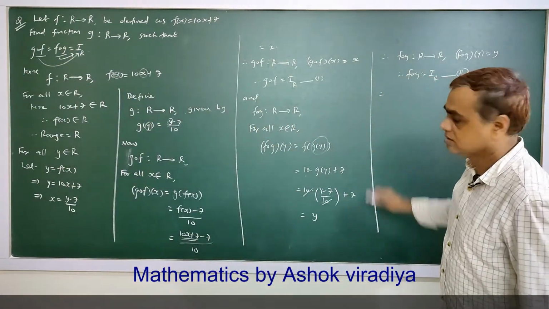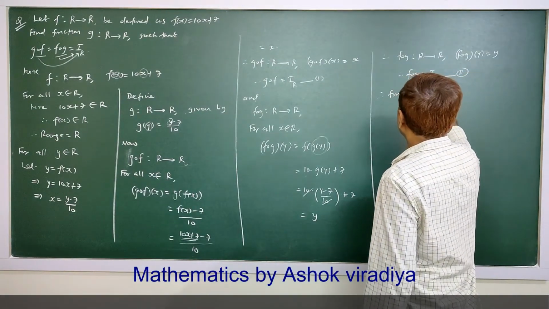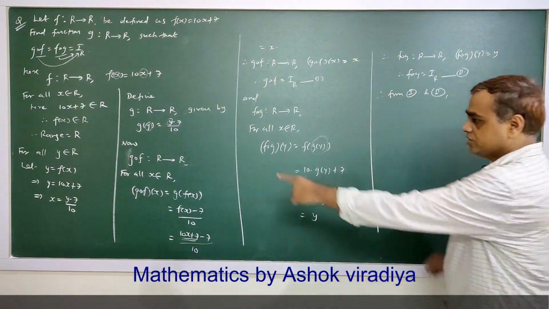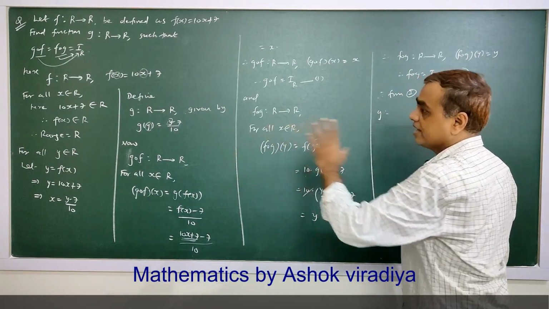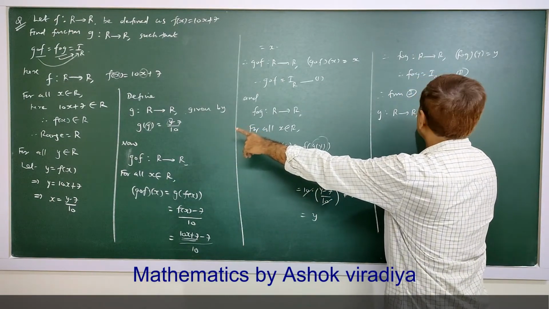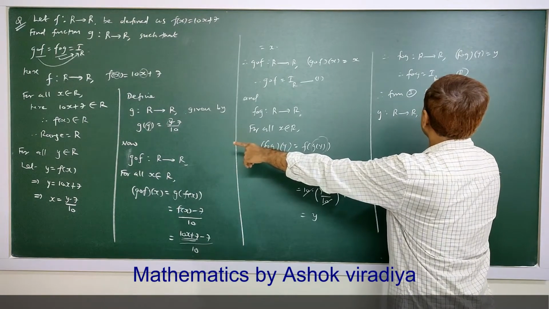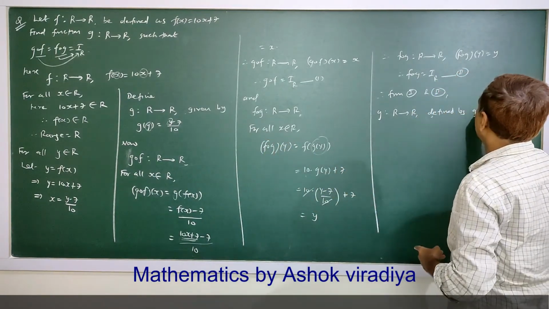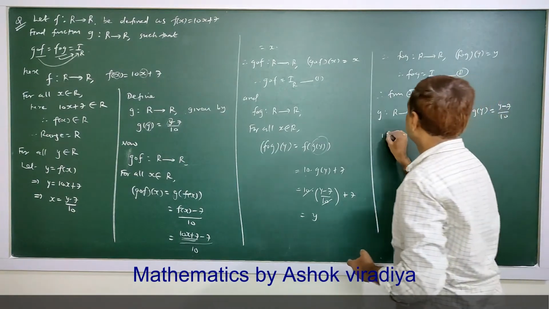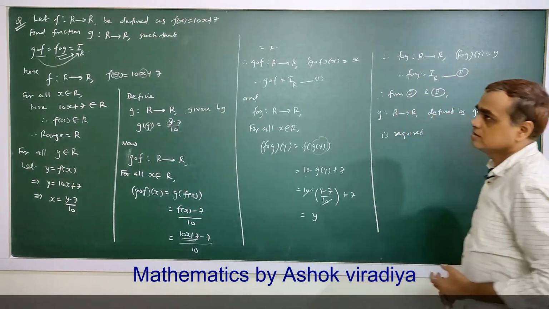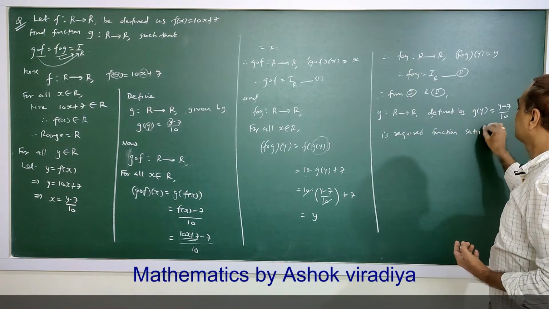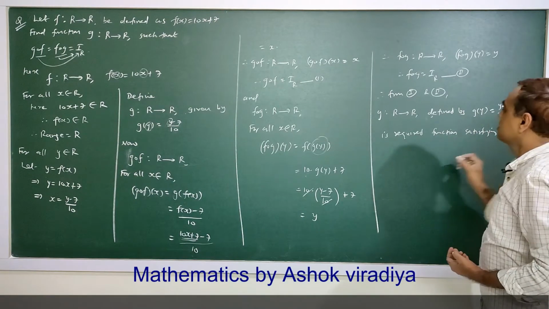Therefore from 1 and 2, the function g from R to R defined by g of y equal to (y minus 7) by 10 is the required function satisfying the given conditions.